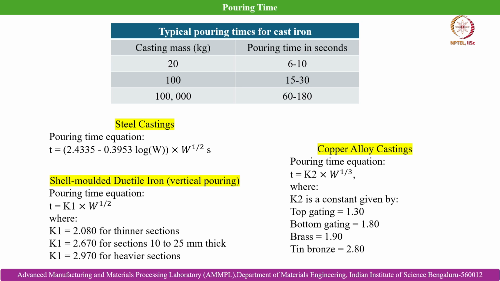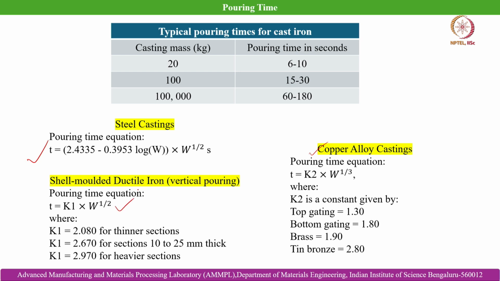Moving ahead, these are some typical pouring times for cast iron for different casting masses, and for steel castings the empirical relationship for pouring time estimation is also given. For copper alloy castings the empirical formula is mentioned here as well. In different processes, for example, for the same steel castings, when instead of sand molding we go to shell molded condition, or in the case of ductile iron, the pouring time also changes.